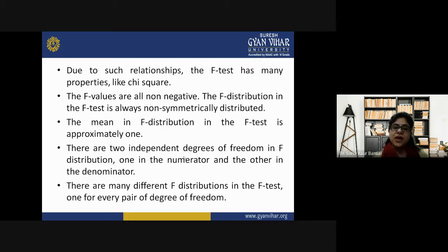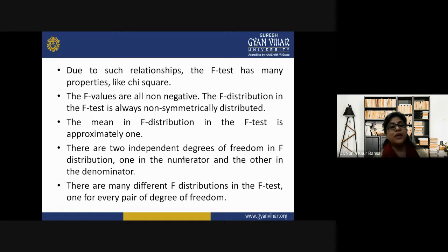Now students, understand this: due to such relationship, the F-test has many properties like chi-square, because it is analyzing so many things. So the F values are all non-negative. The F distribution in the F-test is always non-symmetrically distributed. The mean in the F distribution is approximately 1.